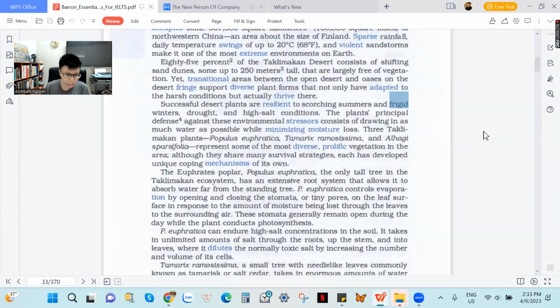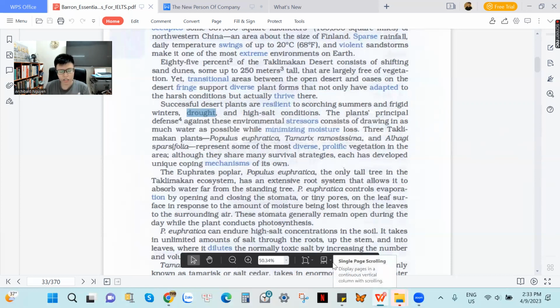That is frigid, frozen like a dead bird. Frigid winters, drought. When it is drought, you are going to feel very dry in your body. The rain doesn't fall, we have no rain, we have no water, we have no food. That is drought.